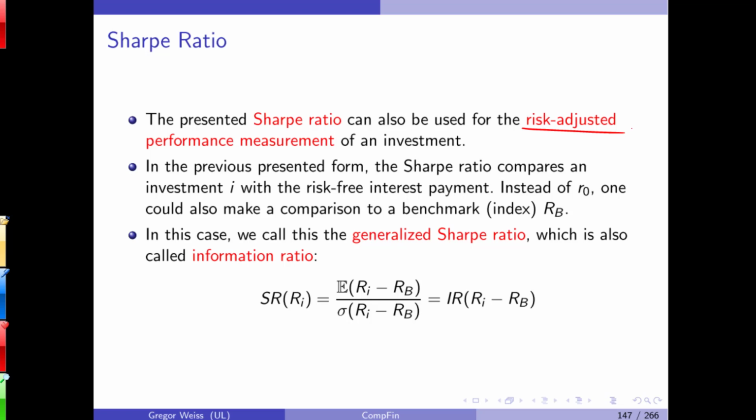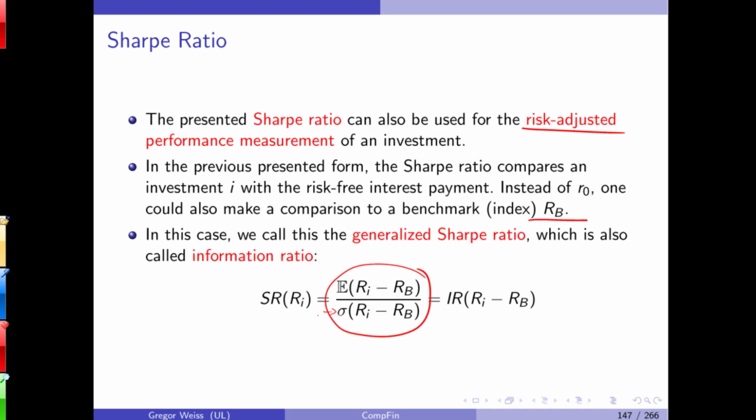We can also compute a generalized Sharpe ratio, which is also called the information ratio. This is the expectation of Ri minus Rb, if we take a benchmark, and again do the same with the variance and the volatility.